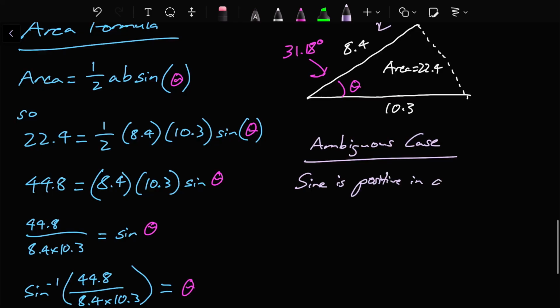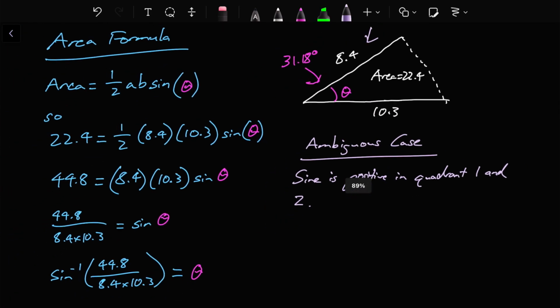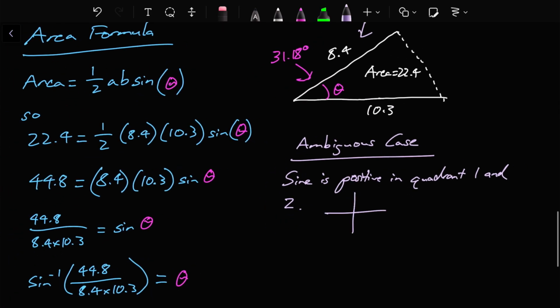in quadrant 1 and 2, right, from our unit circle. Boom. It's positive here and it's positive here, which means there are 2 angles of sine that will actually give us the same value in this bracket.